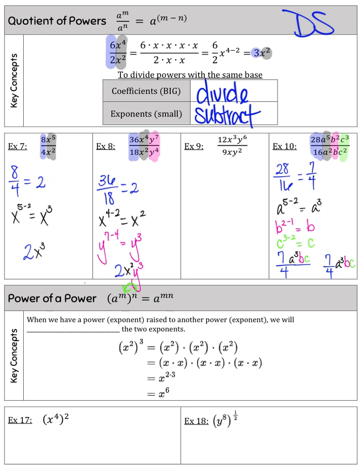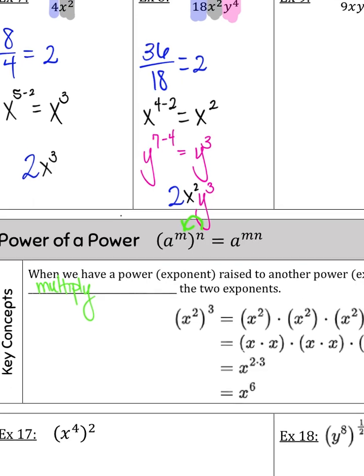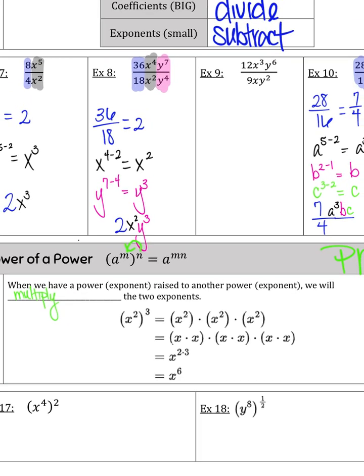This is what happens when you see a parenthesis, and you will multiply those two exponents together. So when we have a power or exponent raised to another power or exponent, we will multiply the two exponents.